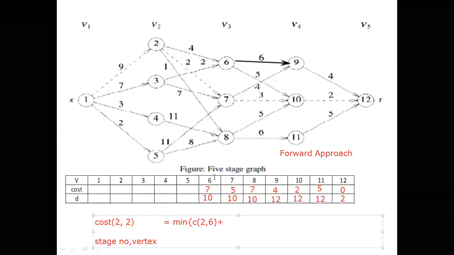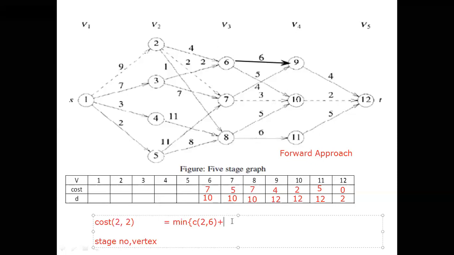Already we found it out. From 6, the shortest path is 7. What is that 7? Actually, 7 is this path. It's not this path. This is path 6 to 10. 5 plus 2, 7, right? That is the path here, because already we found it out for the 6. Minimum of C of 2, 6 plus the shortest path from 6.